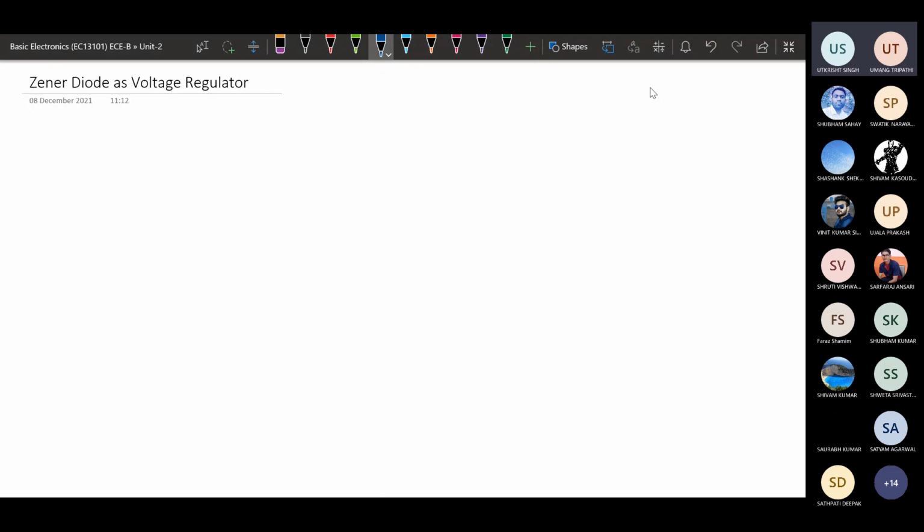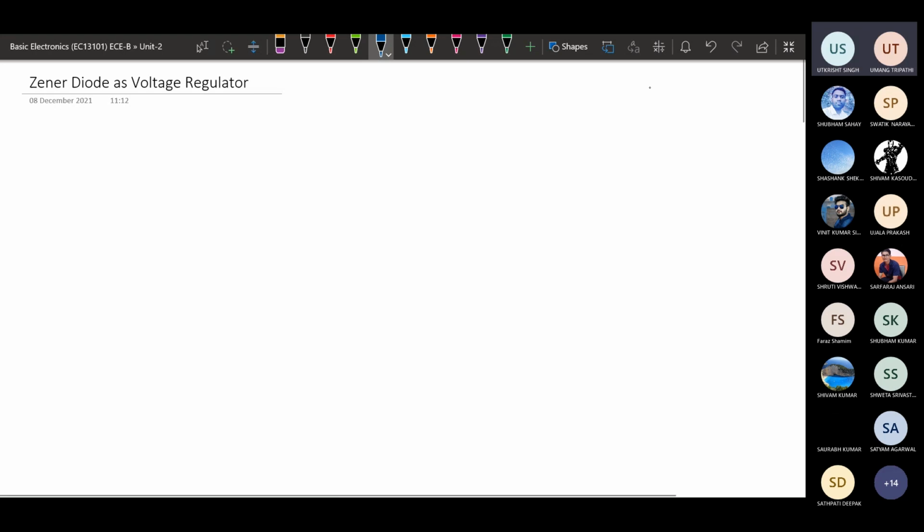So this property of Zener diode is being used as a voltage regulator. That means once it is reaching the breakdown region, whatever voltage is across the Zener diode, that will become constant, and the same voltage will be appearing across the load resistance. So we will see this property of Zener diode and use it as a voltage regulator.